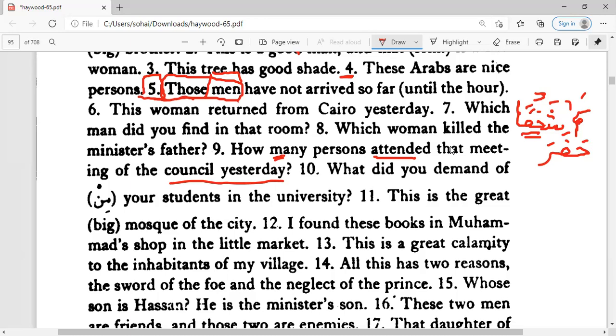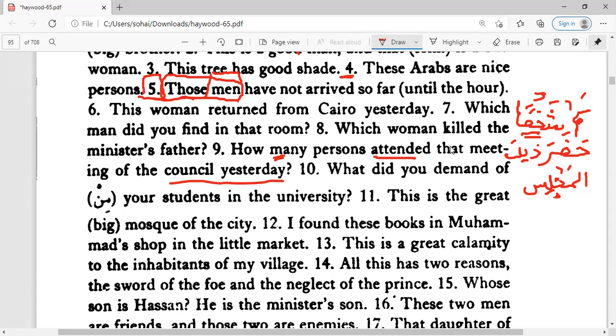How do you say that meeting? حضر ذلك مجلس. Al-majlis, yesterday, of the council yesterday. Say it again.